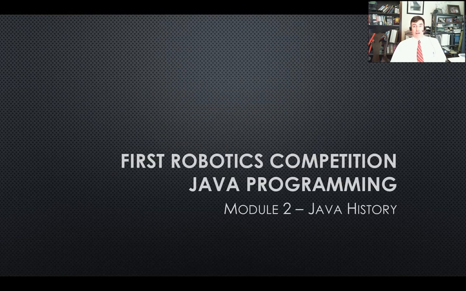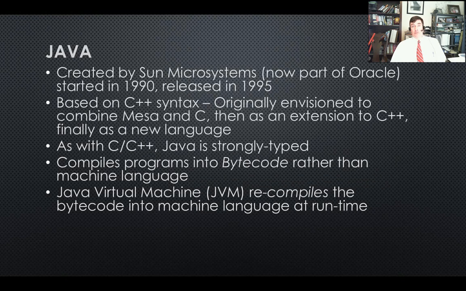So let's move on to some history of Java. Java is one of the newer languages in the landscape of object-oriented programming. It was created initially in 1990, but it wasn't publicly released until 1995. Sun Microsystems started working on it, and Oracle has purchased Sun Microsystems. So now if you want information on it, you go to oracle.com.